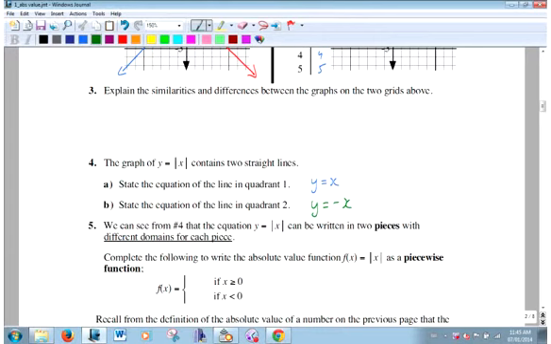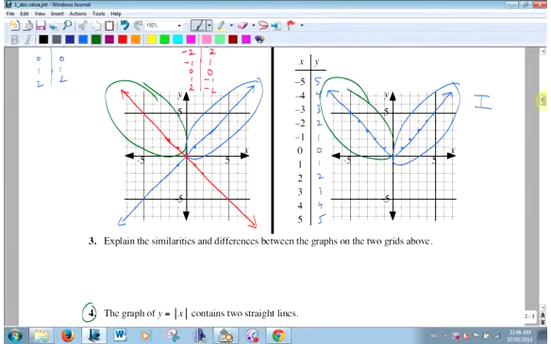Kind of, sort of. We can see from number 4 that this equation can be written in two pieces. This is essentially what you're going to do in your assignment today. Write something in two parts. Because when you take the absolute value of it, the negative parts they all flip up and become positive.